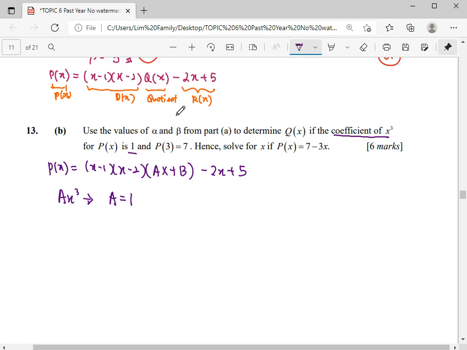And then p3 equals 7. So the second information: when p3 equals 7, I substitute 3 into this polynomial, which is 3 minus 1, 3 minus 2, and then this linear factor where a is already 1, so it will be 3 plus b, then minus 3 plus 5, and it equals 7.